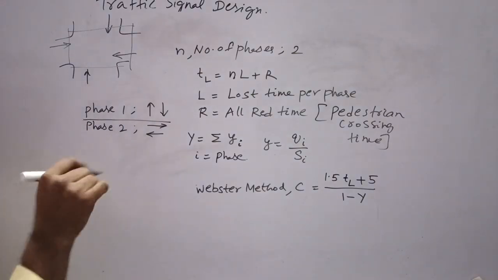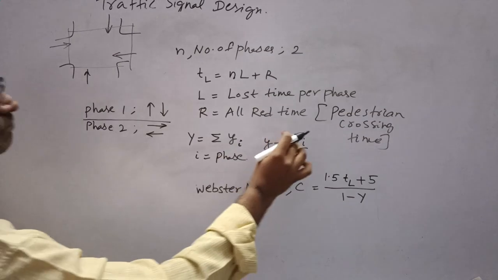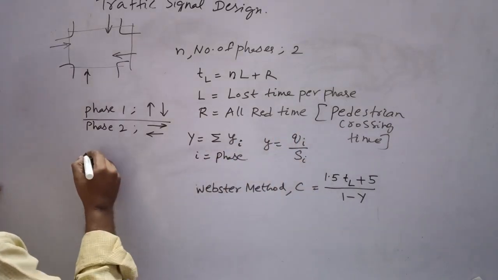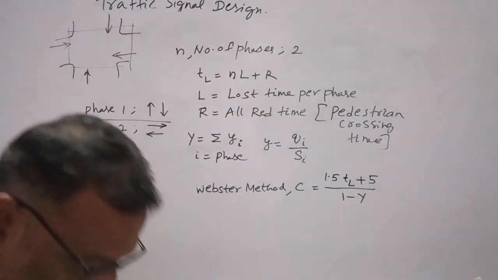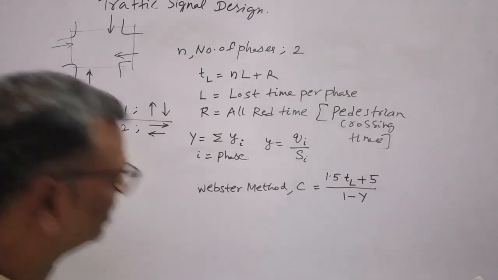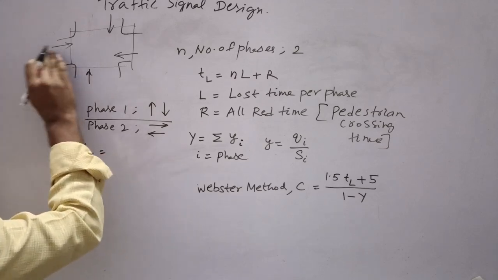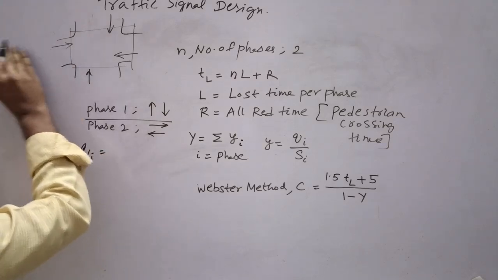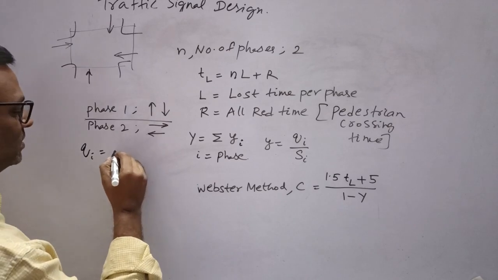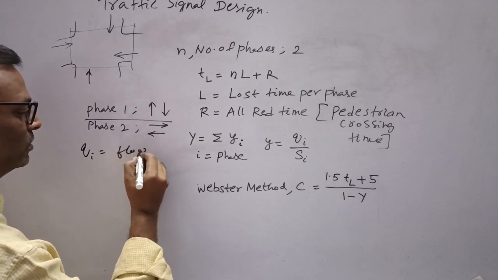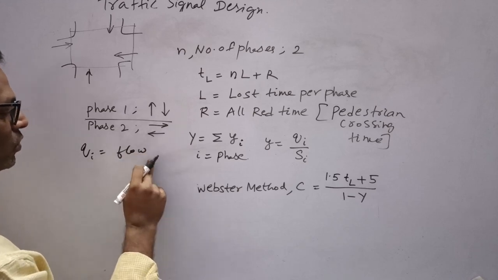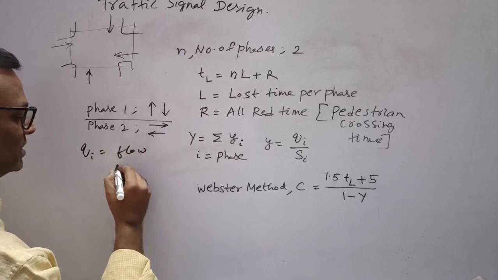What is flow? We know traffic volume. That is flow. You can also call it flow of the traffic approaching a signal. And this is also not just flow, it is critical flow.